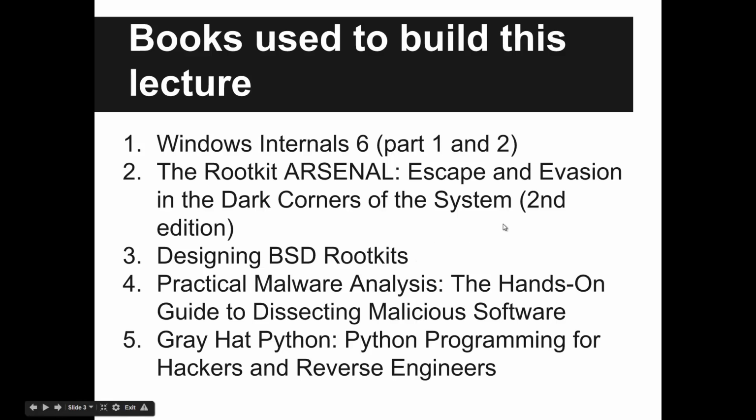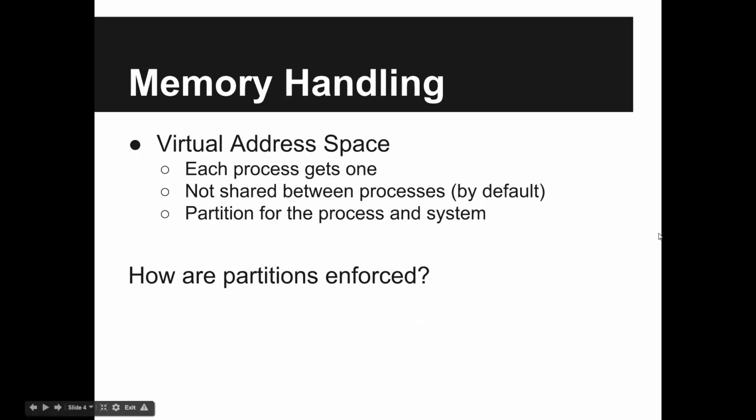So let's start with the fundamentals for a single process and how its memory is handled, and then dive down deep. Each process gets a virtual address space. The total size will differ depending on if it's 32-bit or 64-bit, and is typically not shared between other processes by default.